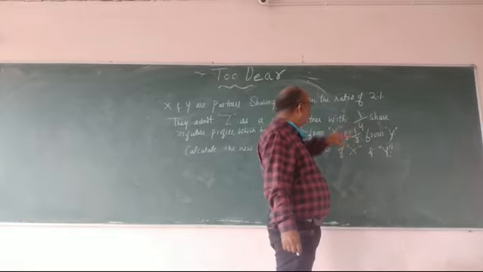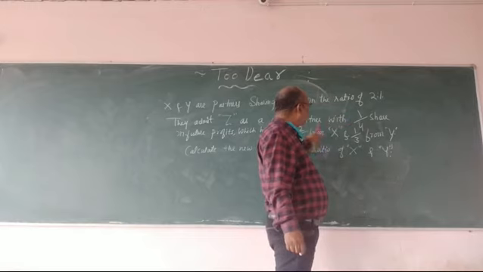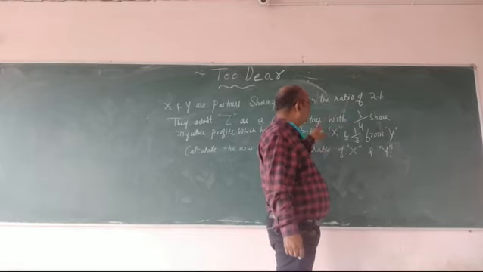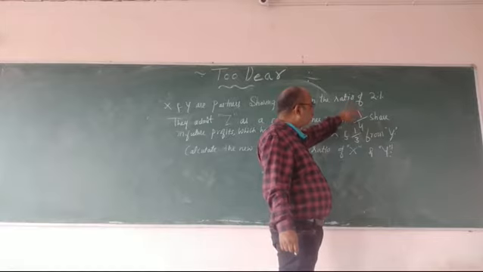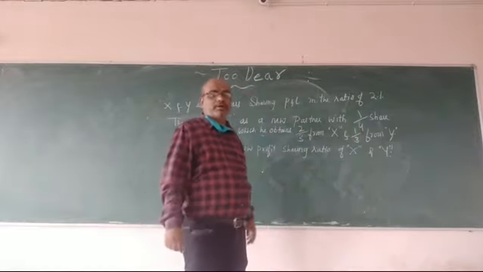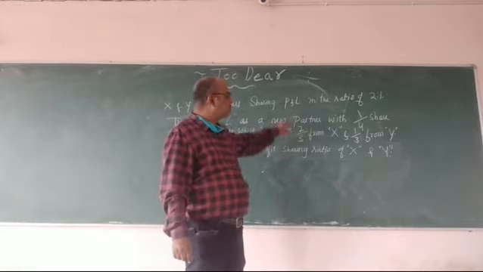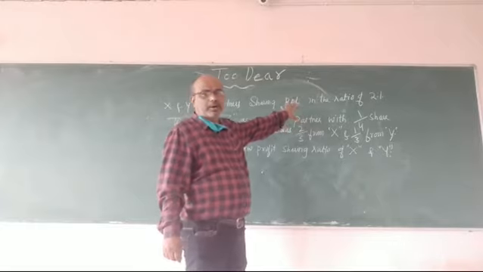So 2/3 of 1/4 will be obtained by Z from X, and 1/3 of 1/4 from Y. If you read the question carefully, which method is this? Third method, right? So let us solve the problem here.